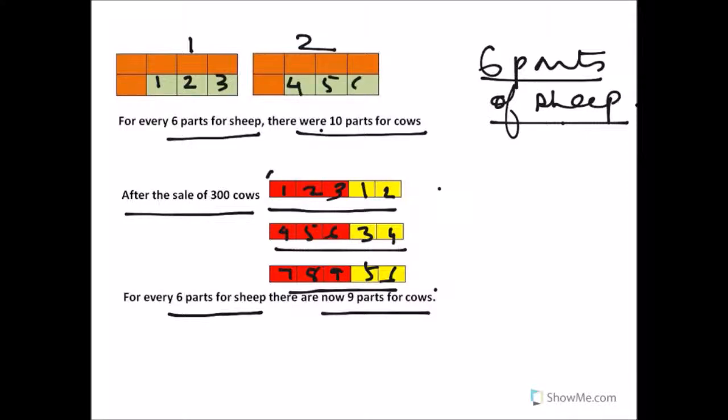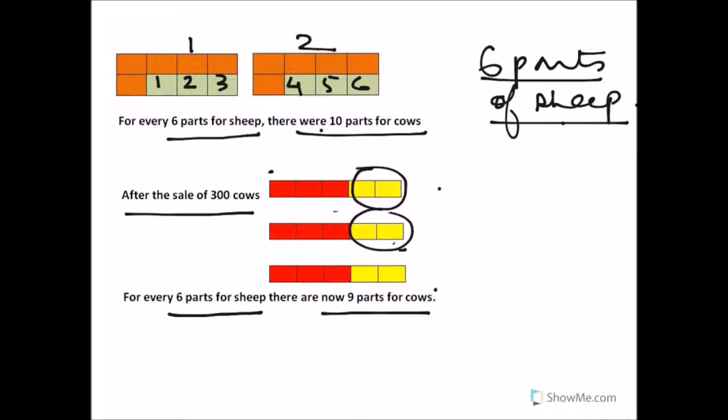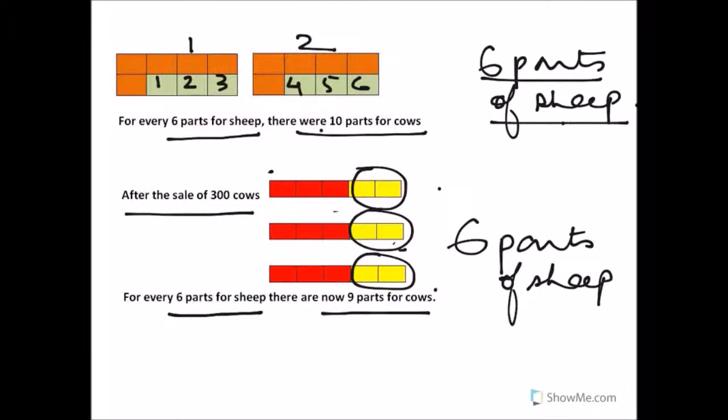Here again, if we repeat this combination 3 times, we get 2 from here, 2 from here and 2 from here, making 6 parts. We again get 6 parts of sheep. So we know that the number of sheep remains the same. It's only the cows that are getting sold.